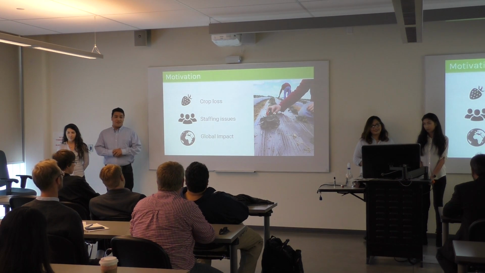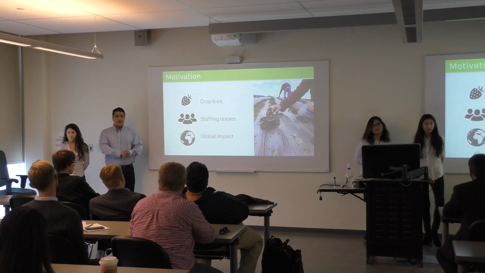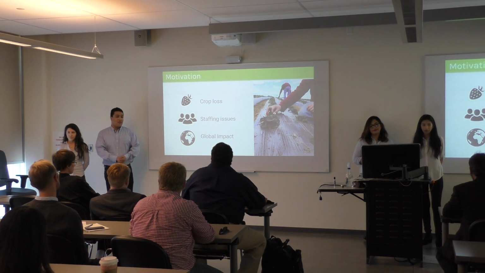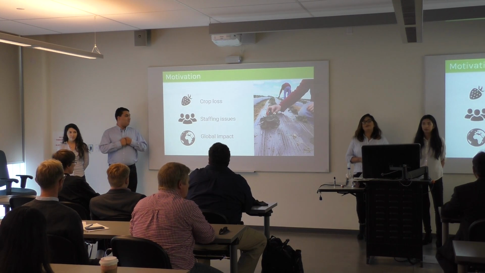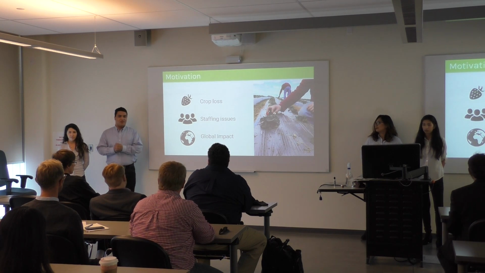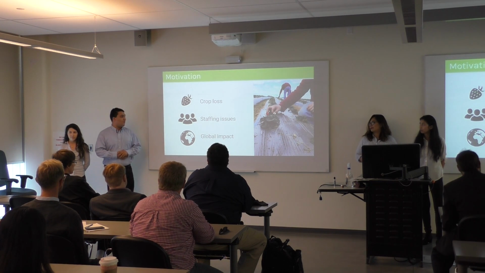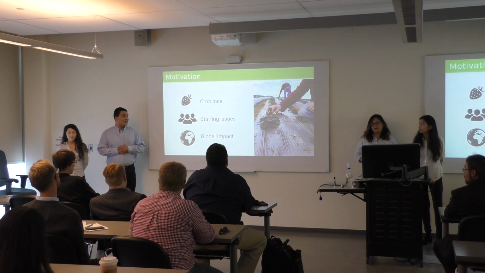Staffing issues are another big issue: making sure that you have enough people to get all the crops out of the ground when it's ready, but not too many people out there at once. And the global impact will always keep those people fed.